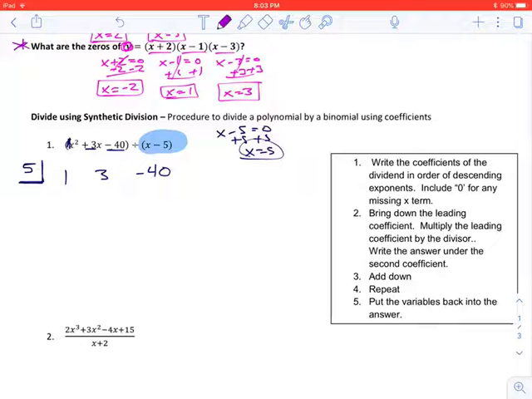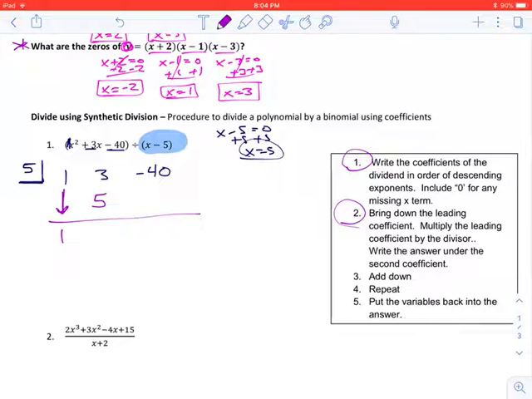And we're going to bring down the leading coefficient. Step 1 we already did: bring down the leading coefficient, then multiply that leading coefficient by the divisor. So I'm going to bring down the 1 here, and then multiply this times this. 1 times 5 is 5, and that goes here.